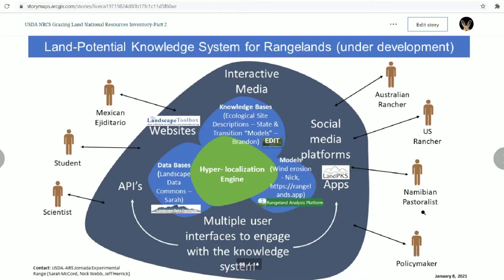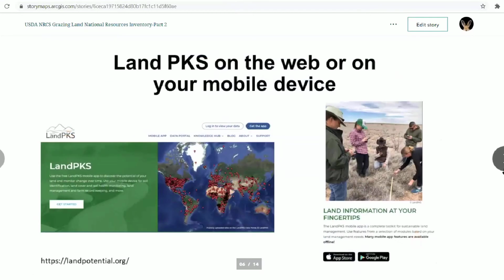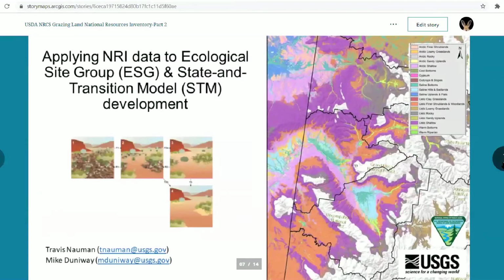LandPKS is available online or through a free mobile app, and you can use your mobile device in the field for soil ID, land cover measurements, soil health monitoring, land management, farm record keeping, and much more. So this is the LandPKS website and where you can access it through the mobile app too.